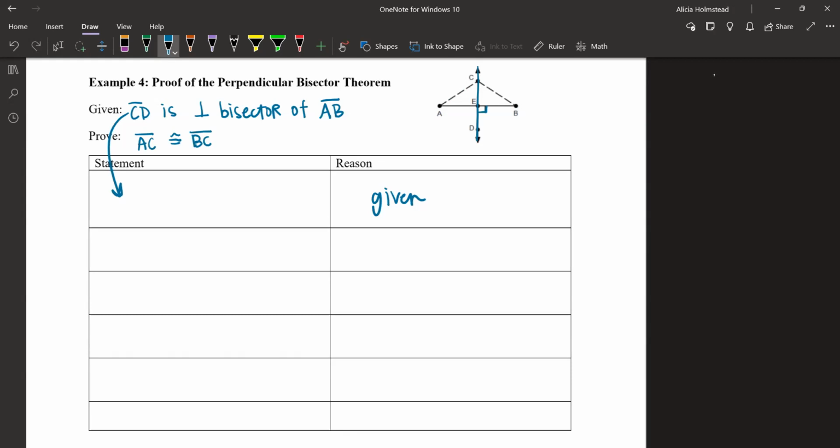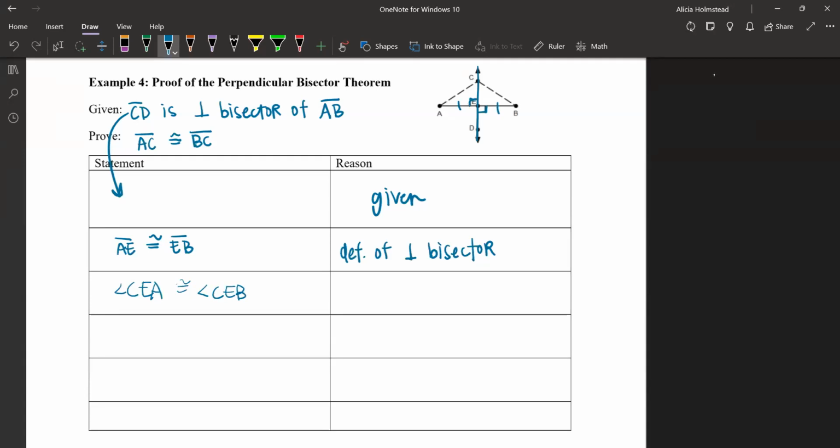Because it's a perpendicular bisector, we know that line AE is congruent to EB. Right, that's what it does, is it cuts that in half. So this is the definition of a perpendicular bisector. We also know, because it's a perpendicular bisector, that angle CEA is congruent to angle CEB.